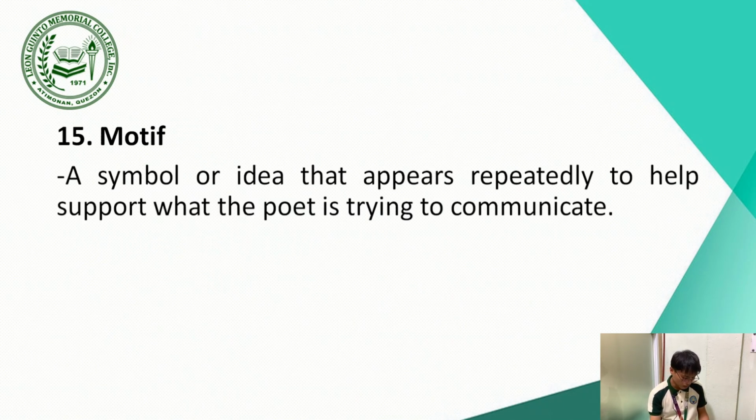So a motif is a symbol or idea that appears repeatedly to help support what the poet is trying to communicate. In poetry, motifs are often things with which we already have a cultural relationship. Bodies of water represent purity, sunrises represent new beginnings, storm clouds represent dramatic change.